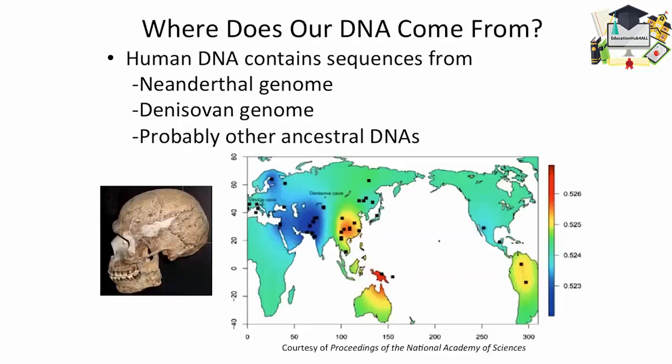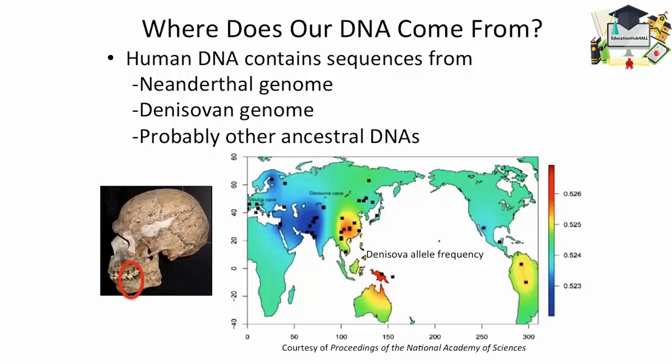A common question is, where does our DNA come from? We've got sequences in our DNA that can be traced to Neanderthals. Recent technology has advanced so that we can get DNA from anthropological specimens. In this example, we examined a Denisovan genome that was recovered from a tooth in a cave in Siberia.